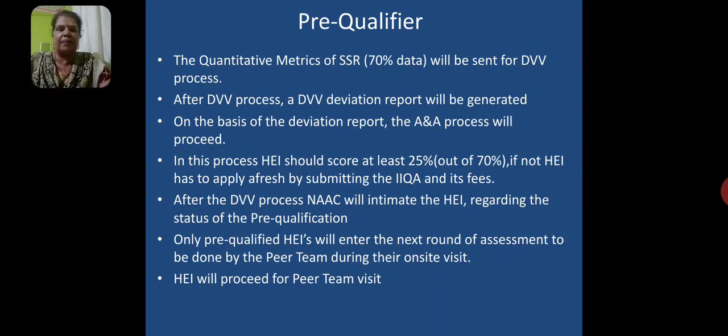After the DVV process, NAAC will intimate the HEI regarding the status of the pre-qualification. Only pre-qualified HEIs will enter the next round of assessment to be done by the peer team during their on-site visit. Thus, the HEI will proceed for the peer team visit.